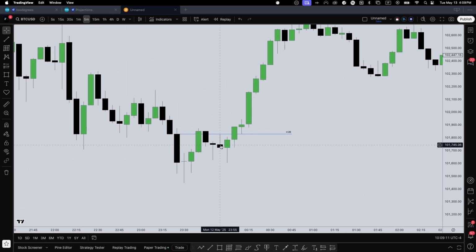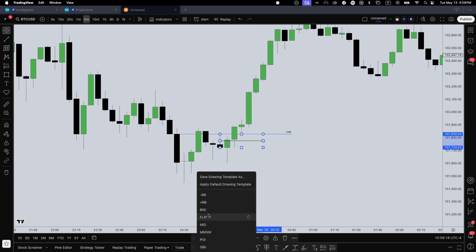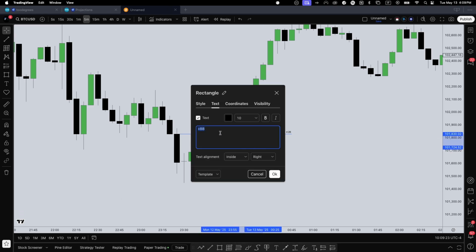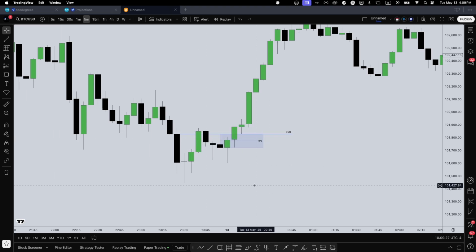The moment that we close back above the first one, I can already technically say that this is a propulsion block based on how I personally see it. Let me just change this to propulsion. If I see a series, I'm conscious of the fact that I would be stronger if I closed above all of them. But sometimes when I'm a little bit itchy, sometimes I rush it. Sometimes I'm just very confident. I may just enter back when we retest this propulsion block on this candle.